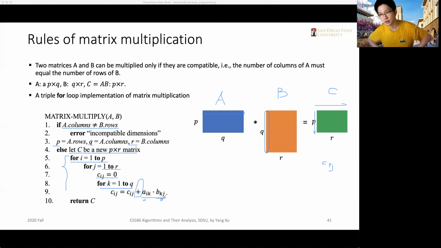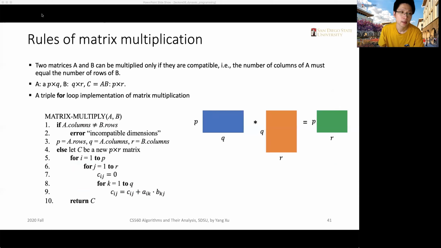Actually, we have gone through this before when we introduced it in the Divide and Conquer chapter, right? So here's just a brief review. What's costing us computation resources is this step here. We need to compute the multiplications between two numbers, a_ik and b_kj, right?